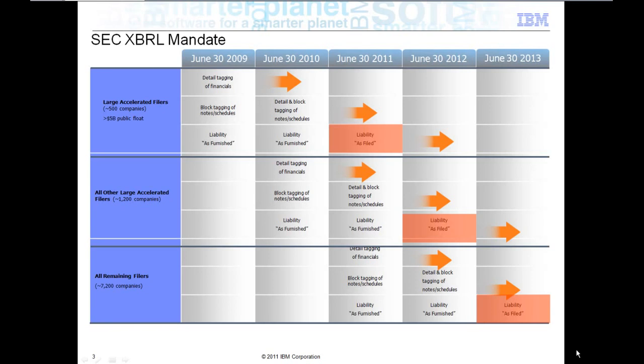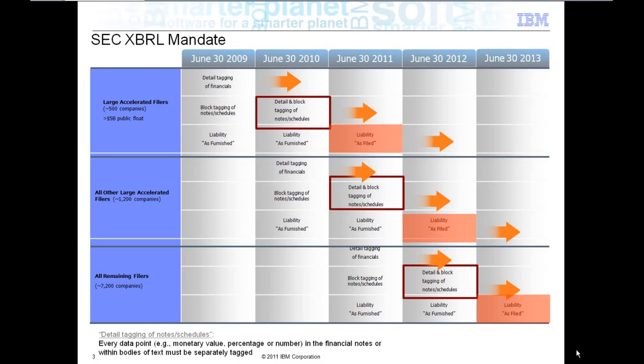Regardless of where your timeline has brought you, the mandate is really one and the same. There are a number of phases specifically, and the first phase typically deals with detailed tagging of your financial statements. There's also a block tagging exercise of the notes and schedules, and the liabilities are as furnished.